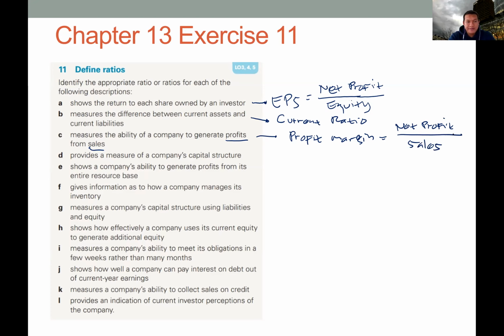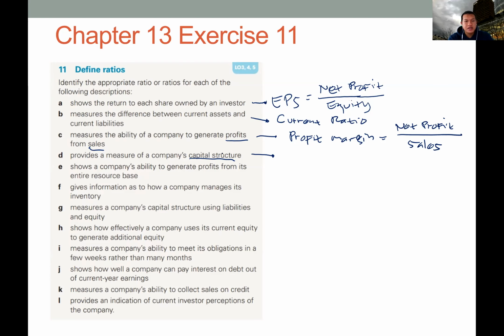Okay. Next, provide a measure of the company's capital structure. What do you think? So something to do with the capital structure. I got debt to assets. Yeah, so debt to asset is basically comparing the level of debt to total asset.